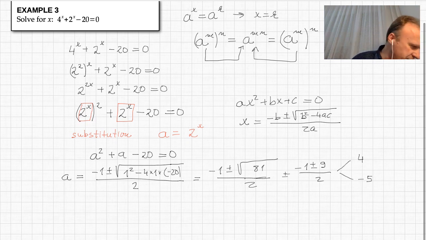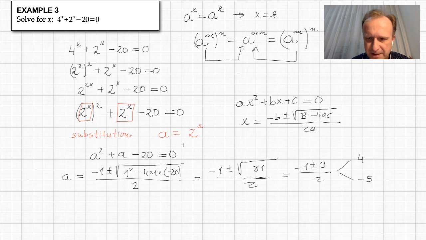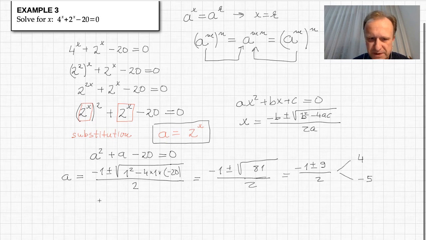So if I want to use those, I have to get back or return to our substitution. So here is the substitution, and what I need to do is to use it somehow. So what I do now is the following. I take one possible value of a and replace a here by its value. So it's 4 equals 2 to the power of x.